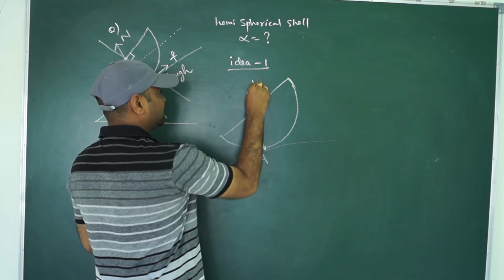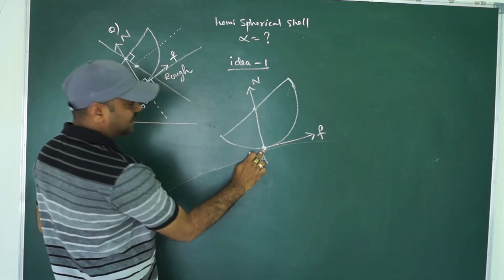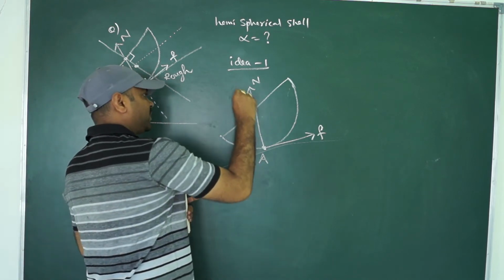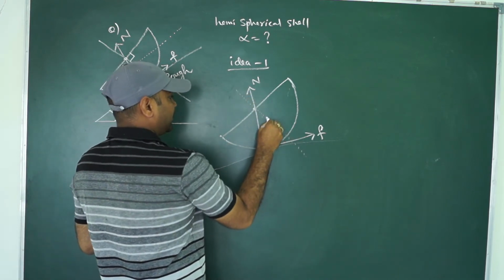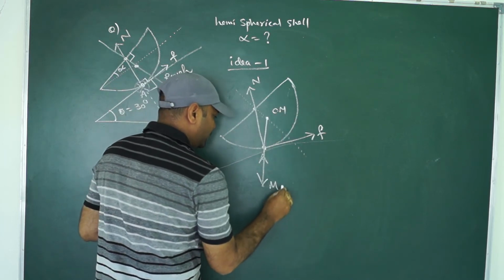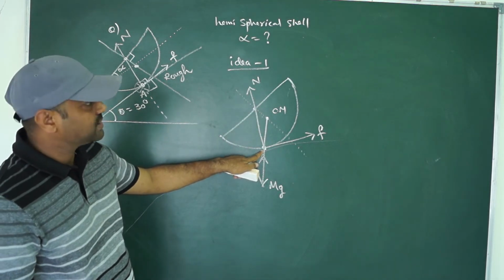Then the normal reaction will be this, and this is the friction. Then if I am taking A as the axis of rotation, then friction and normal reaction will create zero torque. Now this is the perpendicular line, and I am taking this as the center of mass. Now mg should pass through this point so that all forces passing through this point will create zero torque.